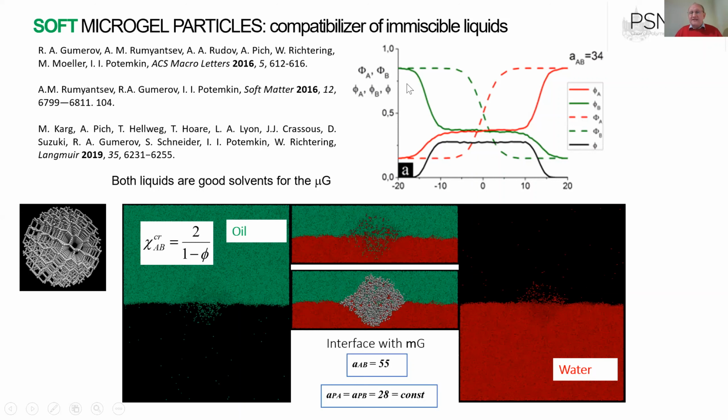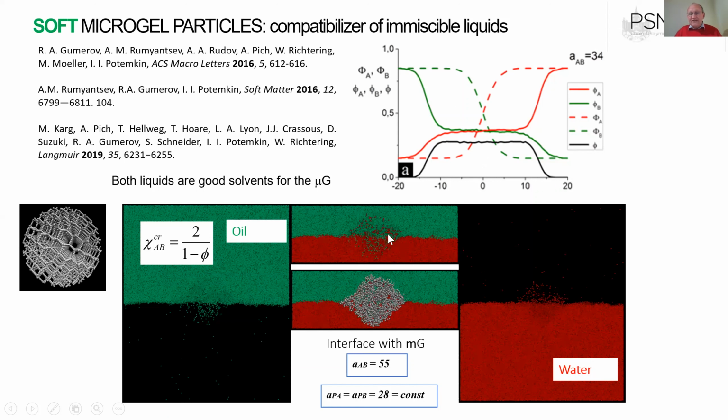So if we look at the concentration profiles, the dashed line corresponds to the concentration profiles of the liquids without microgel, and solid lines correspond to the distribution of the liquids inside the microgel. We have a plateau, which means that the two liquids have a constant concentration within the microgel.